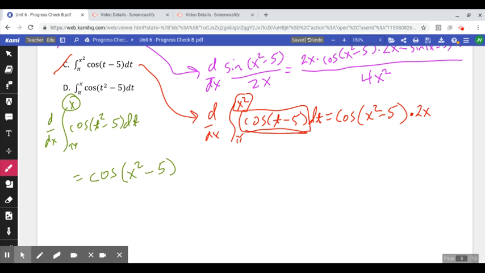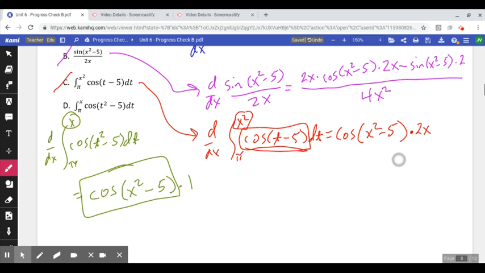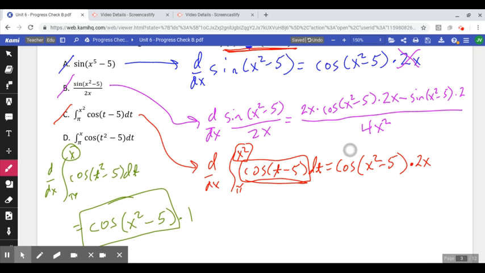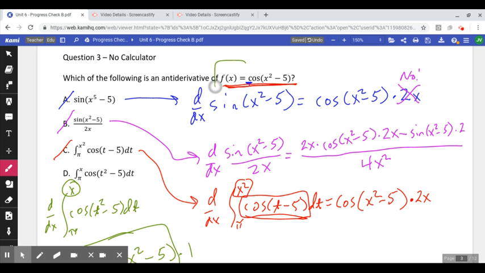Then we'll multiply by the derivative of the upper limit. When we do that, we wind up with this particular expression right here, and if we look above, that is the expression that we want for f of x. So choice D is definitely correct. We've eliminated the other three and proven that choice D is the one that we want.